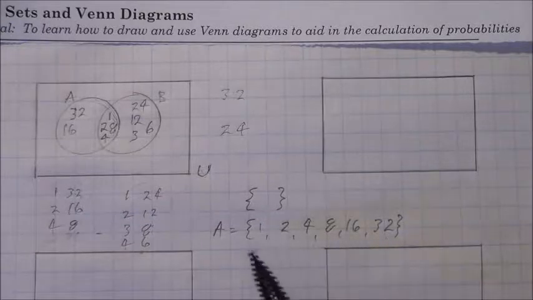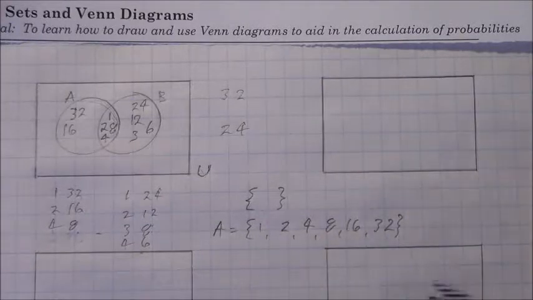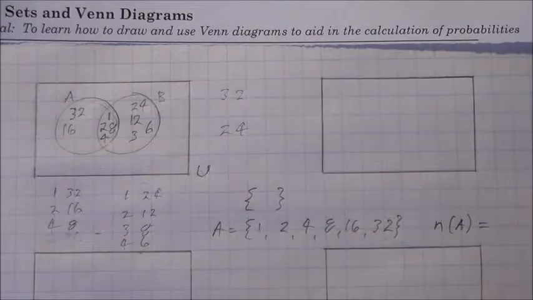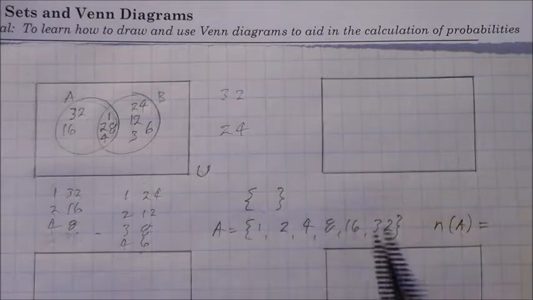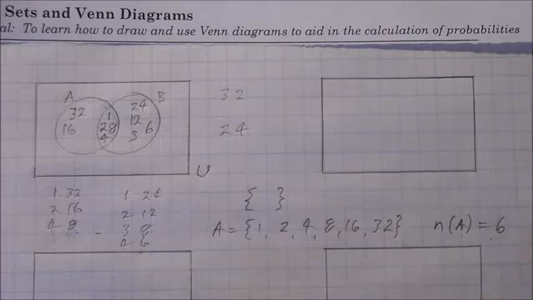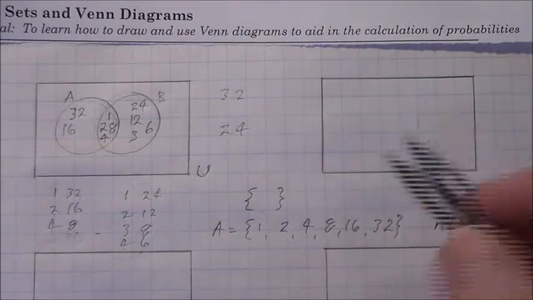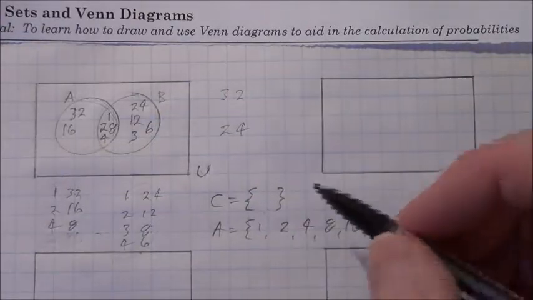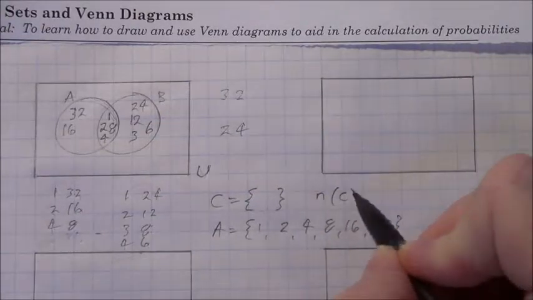And if I wanted to then state the number of elements in set A, I could say n(A), or the number of elements in set A, and then I just count those off, and there are 6 of those there. Okay, we can do the same thing for set B. If there happens to be some sort of set with nothing in it, suppose there's some set C with nothing in it, then we would say n(C) is 0.